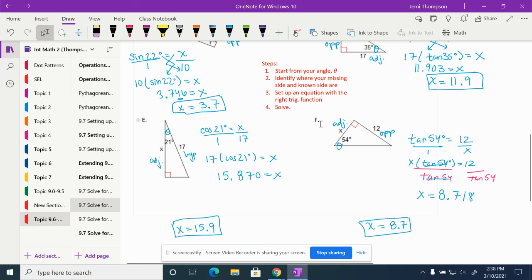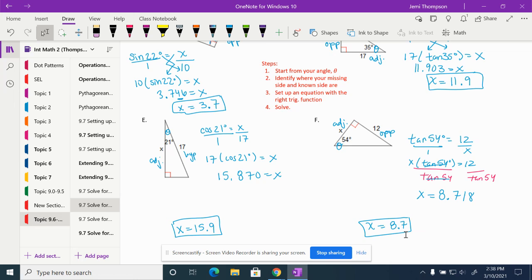Problem F, I recognized 12 as the opposite and x as the adjacent, which means I needed to use tangent. So the tangent of 54 is equal to 12 divided by x. This time x is in the denominator, which means that I'll have to multiply and then divide. So I did that, got 8.718, which rounds to 8.7.